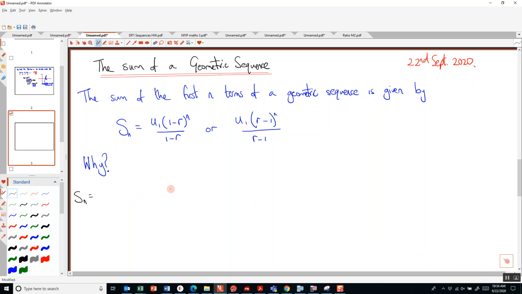So Sn, the sum of the first n terms. What's the first term of a geometric sequence? What's the second term of any geometric sequence? Sorry, I meant just u1, r. u1 times r, yep, because we're multiplying by r, and then the next one is u1 r squared.